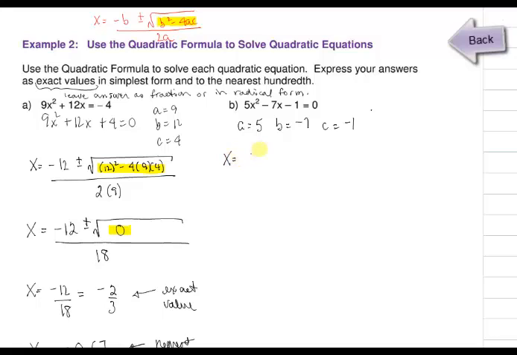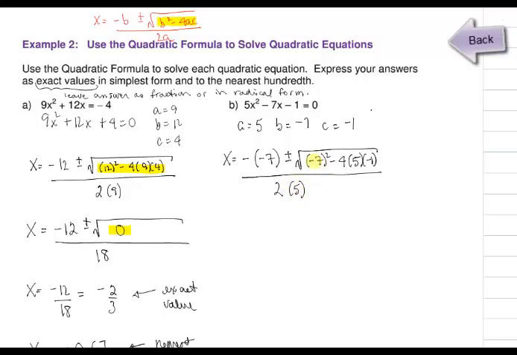So x is equal to negative b, which is negative 7, so minus, and then negative 7, plus and minus the square root of, and then in brackets, negative 7 squared for b squared, minus 4 times a, which is 5, times c, which is negative 1, all over 2 times a, which is 2 times 5.